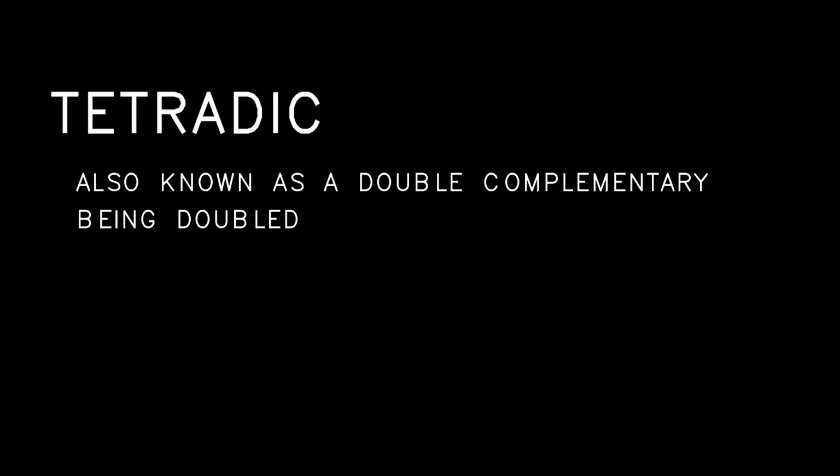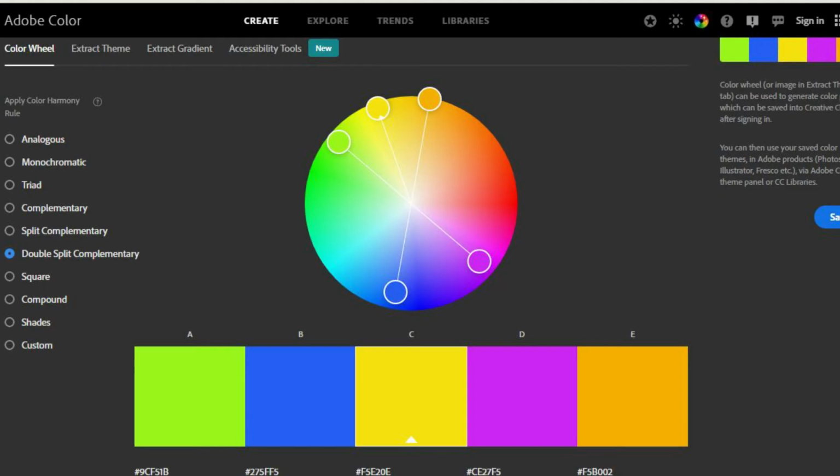And the last one, which is the tetradic, which is also known as a double complementary color harmony scheme. It is just a complementary color scheme which has been doubled, so you have four colors to play with, from the word tetra, four.